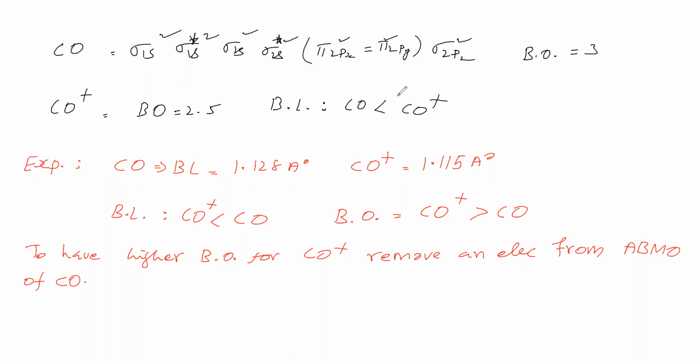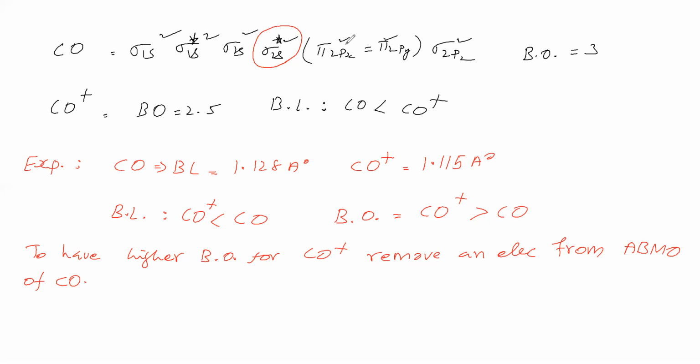So anti-bonding molecular orbital means what is the possibility? Only sigma star 2s is the possibility. Therefore, if an electron is removed from sigma star 2s, sigma star 2s should have energy greater than that of sigma 2pz. Then only the sigma star 2s electron will be knocked out, isn't it?